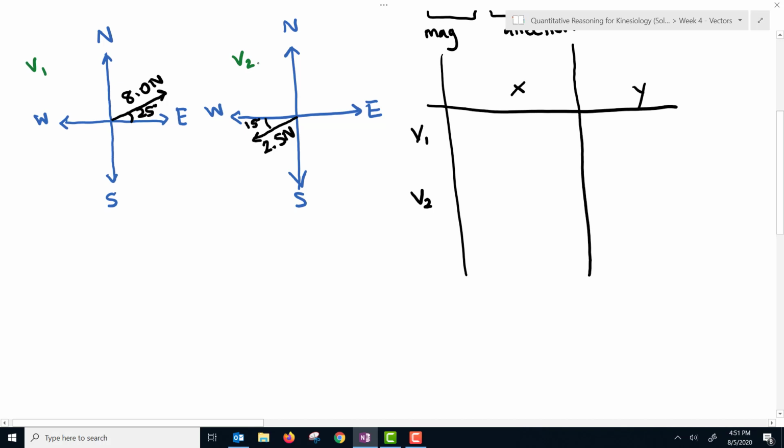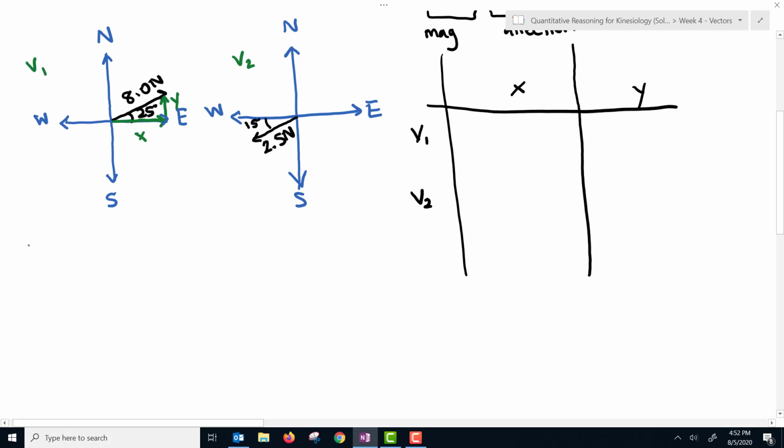For v1, the x component would be this vector right here, and the y would be this vector right here. Notice that the original 8 newton vector points to the right and upwards. That's why the x component points to the right and the y component points upwards. For the x component, it is the adjacent side.